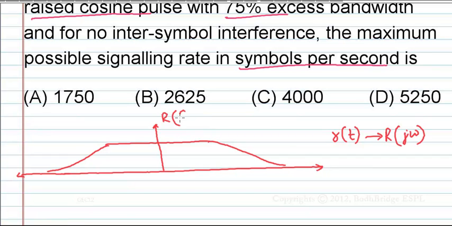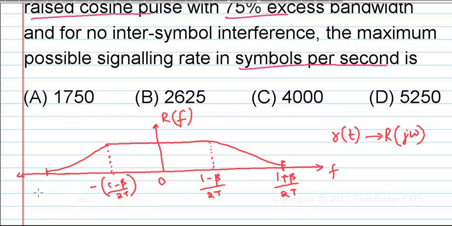I will draw it with respect to the frequency, r of f. How does the raised cosine plot look? This is (1 minus beta) by 2 capital T, where beta is the roll-off factor, and the ending point is (1 plus beta) by 2 capital T. On the left side, it is minus (1 minus beta) by 2 capital T and minus (1 plus beta) by 2 capital T.